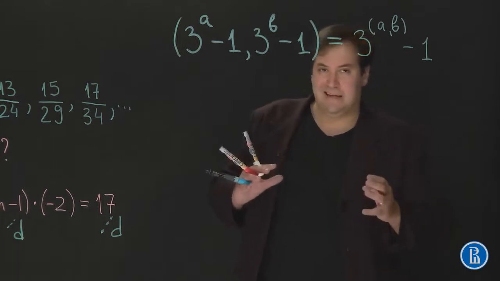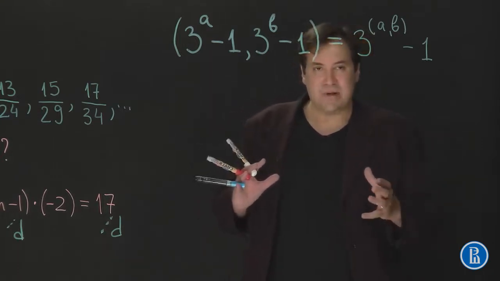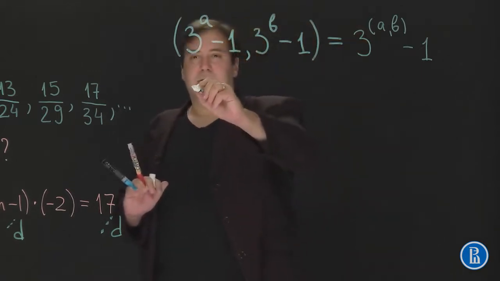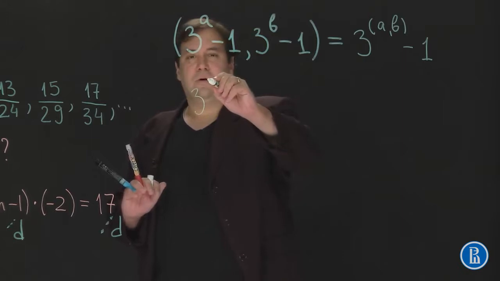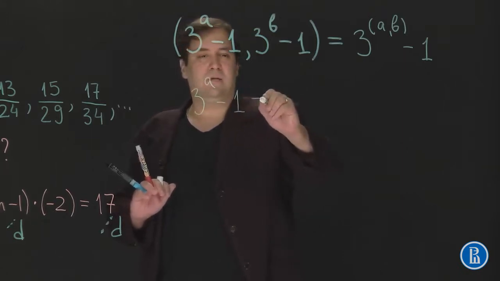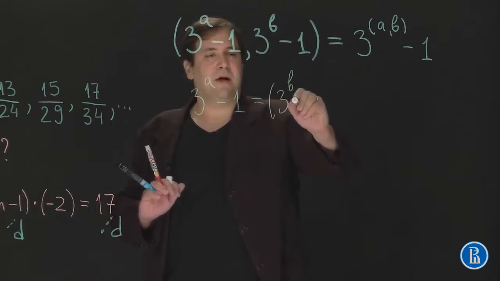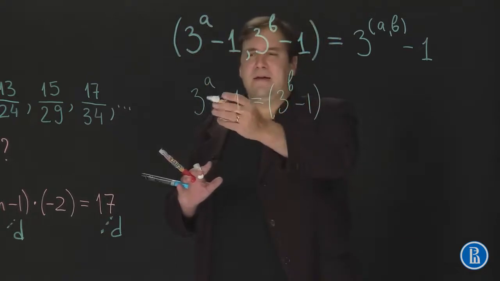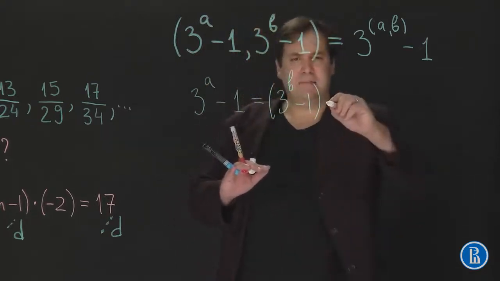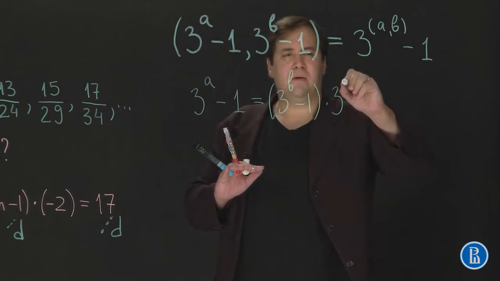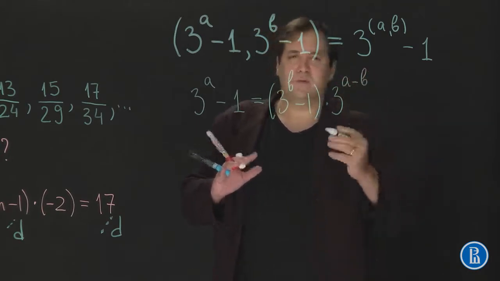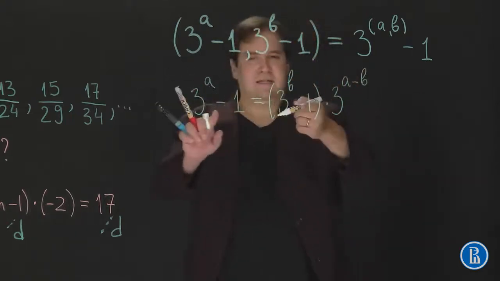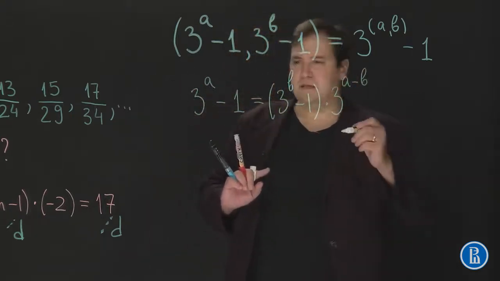Let's try to apply something like the Euclidean algorithm to these two numbers. Well, 3 to the power of a minus 1, we need to divide by 3 to the power b minus 1 with the remainder. In order to obtain 3 to the power a, multiply this by 3 to the power of a minus b. Of course, we assume that a is greater than b, otherwise we would change places of these two numbers.